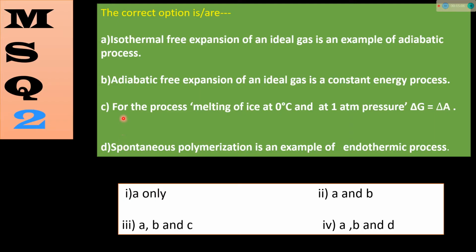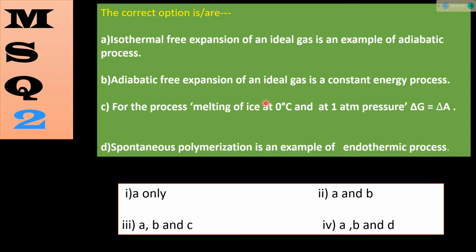So if this statement had been written as adiabatic free expansion of an ideal gas is a constant energy process, instead of adiabatic free expansion of an ideal gas is an example of isothermal process, then this statement will also be correct.